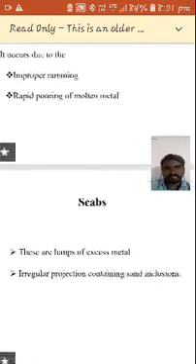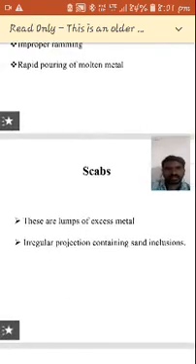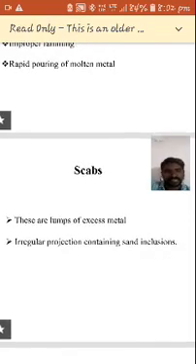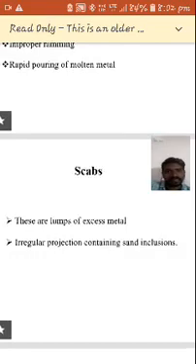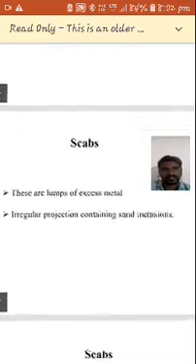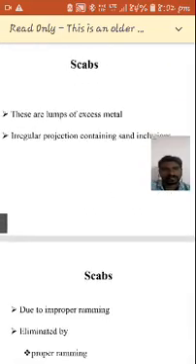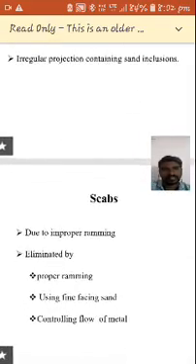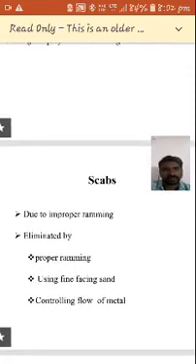The next one is scabs. These are lumps of excess metal, irregular projections containing sand enclosures. That is called scabs. Why do scabs occur? Due to improper ramming.